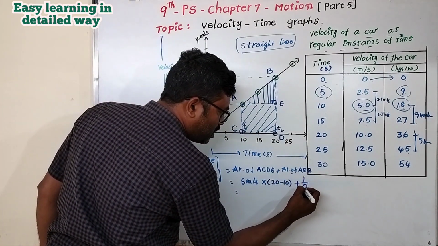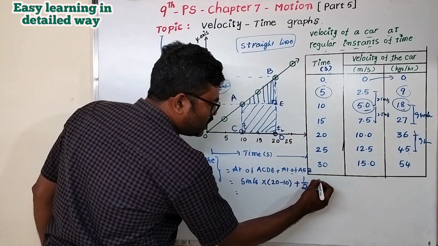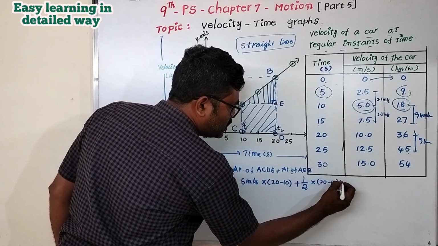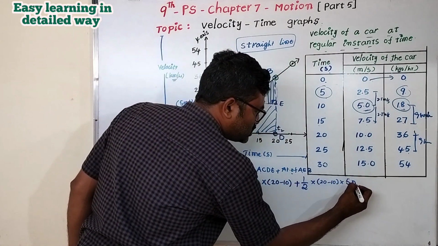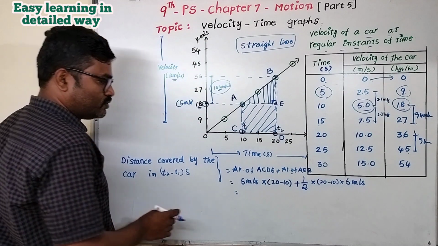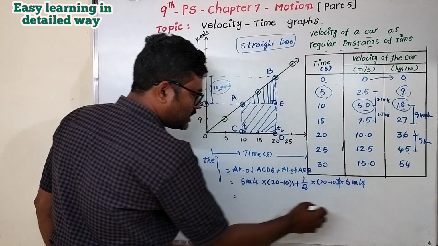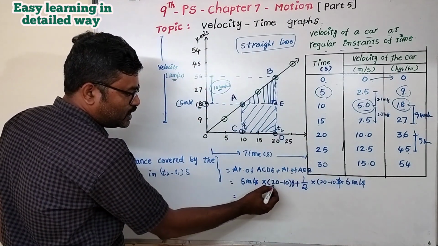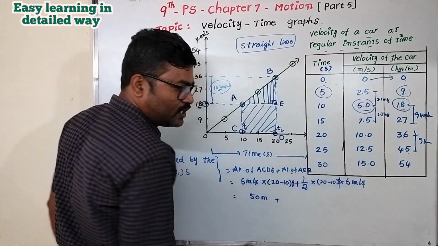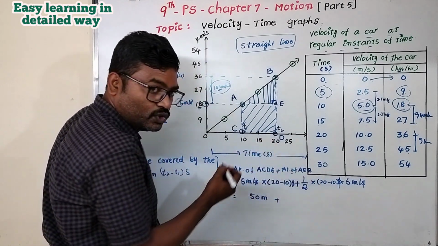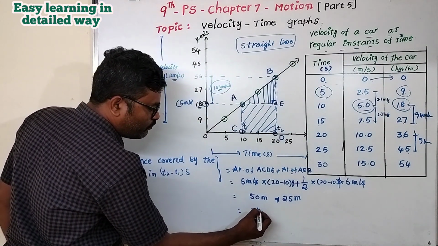See, the area of a triangle is half of base into height. Here the base is AE, which is equal to 20 minus 10, into height, this one, which is 18 kilometers per hour, that is 5 meter per second. Let's simplify: the seconds cancel. 5 meter into 10 is 50 meters, plus 10 5s are 50 meters, 50 meters into half is 25 meters, so total is 75 meters.